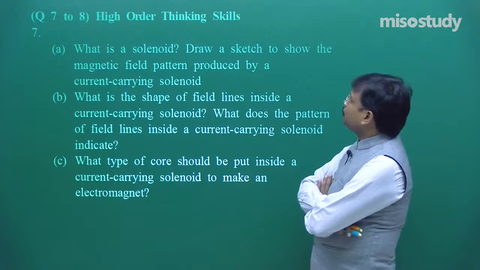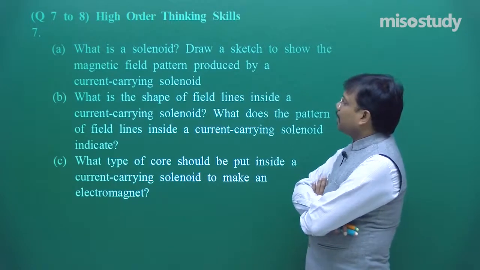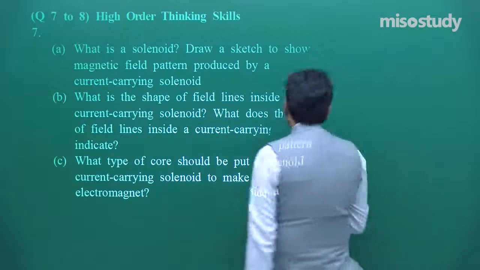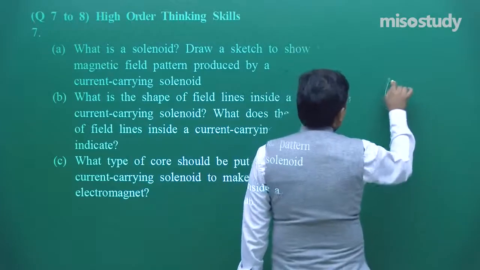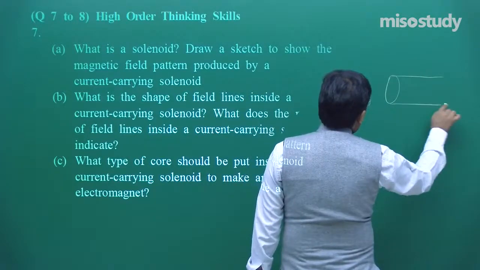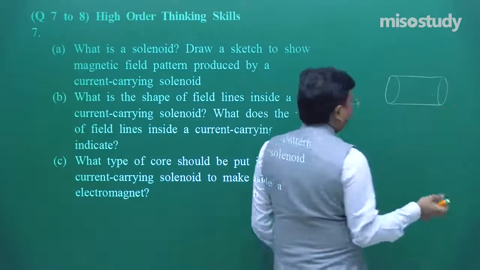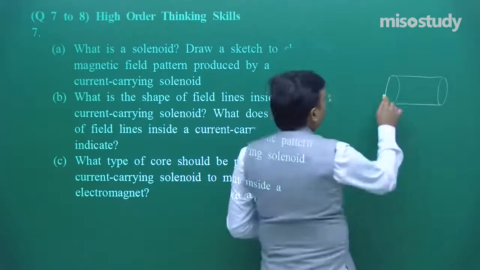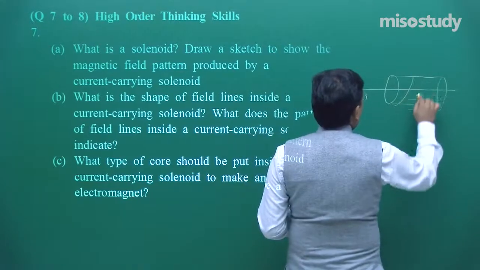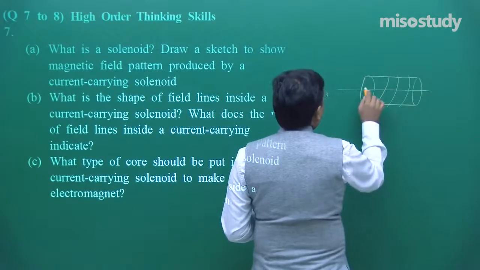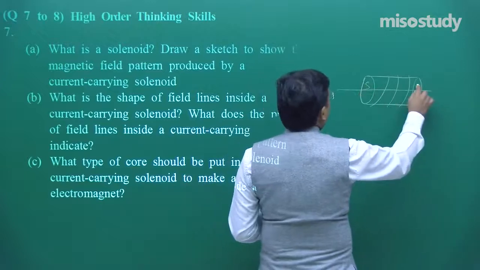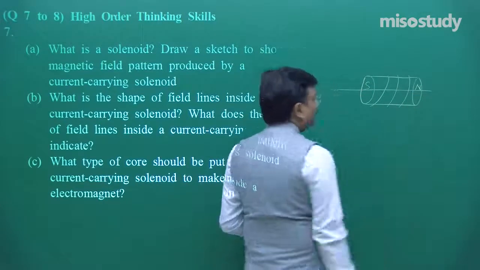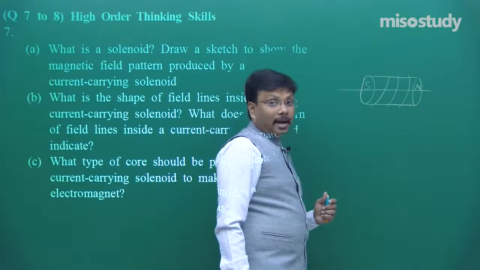Draw a sketch to show the magnetic field pattern produced by a current carrying solenoid. Now, try to recall my video where I explained the solenoid with the help of a simple circuit. So, you can say this is the solenoid. One pole is going to act as south as per the direction of the current, and one is going to act as north pole.